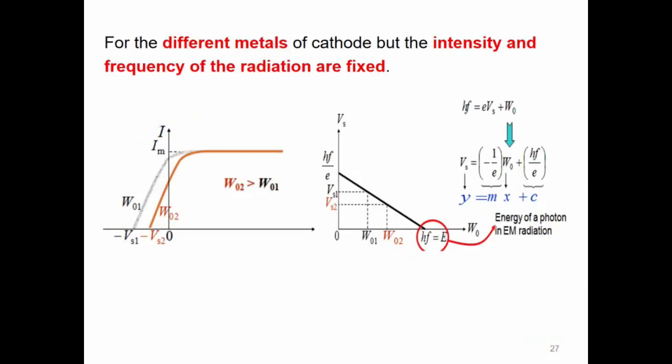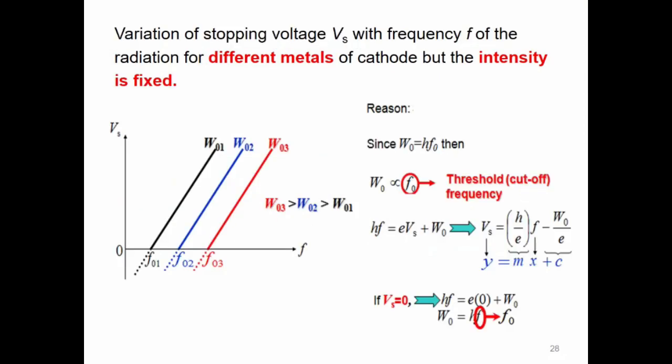If we use different metals for the cathode but the intensity and frequency of the radiations are fixed, we should know that the only difference is the work function values. They will have the same saturation current level, but the one with higher work function has higher magnitude of stopping potential. As we can see in this figure, the graph shows the variation of stopping voltage with frequency. They are ordered in that manner.